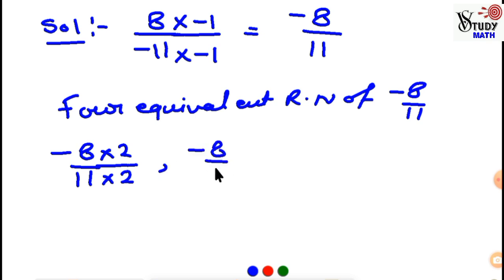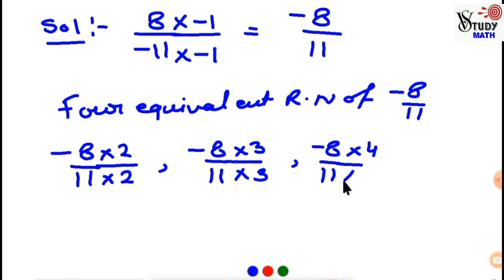Again we take -8 by 11, and this time we multiply numerator by 3 and denominator by 3. Again take -8 by 11. This time we multiply by 4 in numerator and 4 in denominator. Again we take -8 by 11, and the numerator will be multiplied by 5 and the denominator by 5.